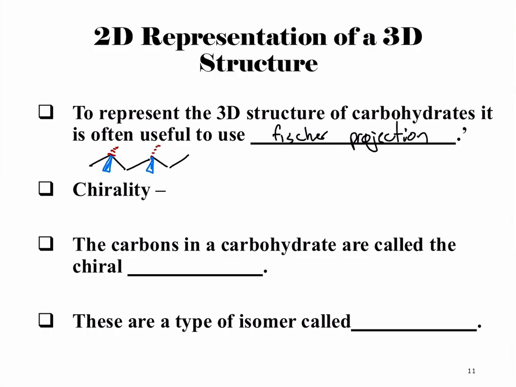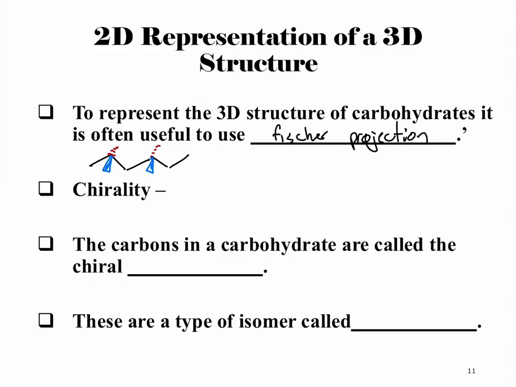And so when we talked about organic chemistry, we talked about the idea of chirality. Does anyone remember what chirality was? These are specific types of isomers called stereoisomers and enantiomers. And chirality is when we have two non-superimposable mirror images, right?